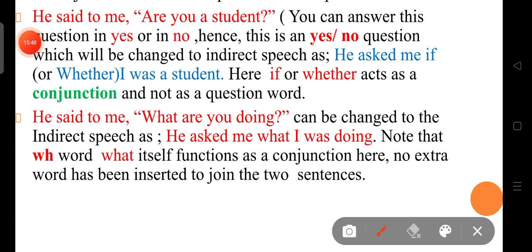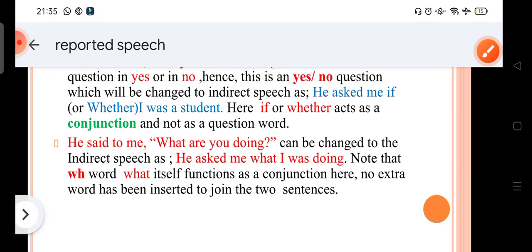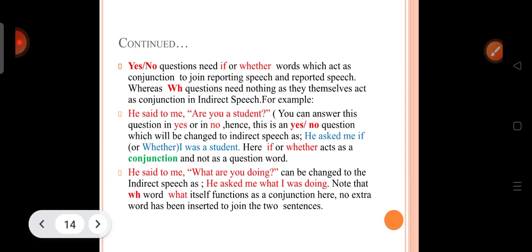It can be changed to indirect speech. He asked me what I was doing. Change the order. The question word is already there, so you make this an assertive sentence instead of a question. Then you can easily change this into indirect speech.